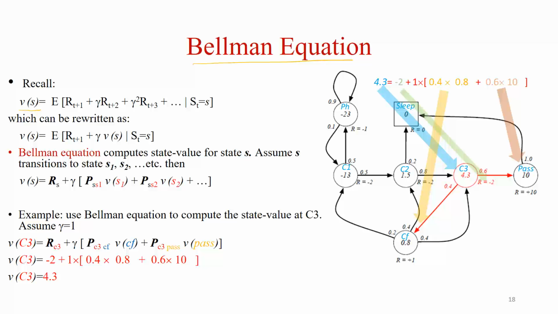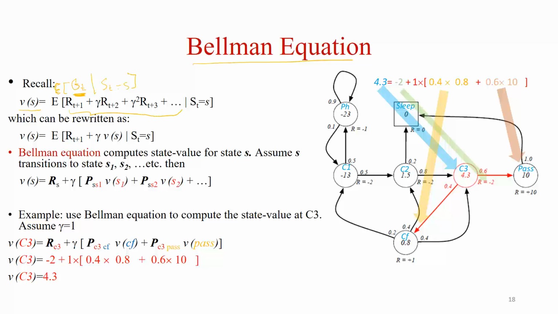This is basically the expected return GT, given the current state equals S. I can look at the definition of GT, and this is the definition of GT.